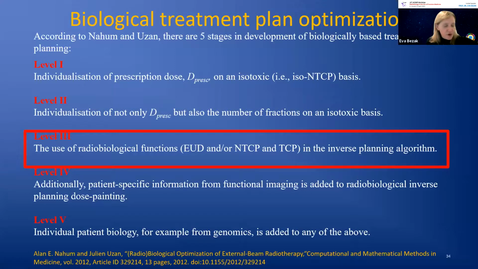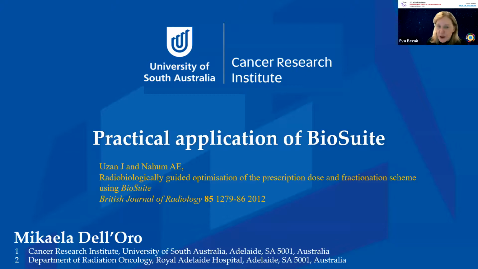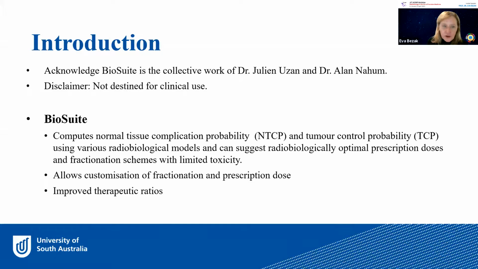Let me give you a brief example on level 3. I will be talking about the practical application of the BioSuite software that was developed by Alan Nahum and Julian Uzan.